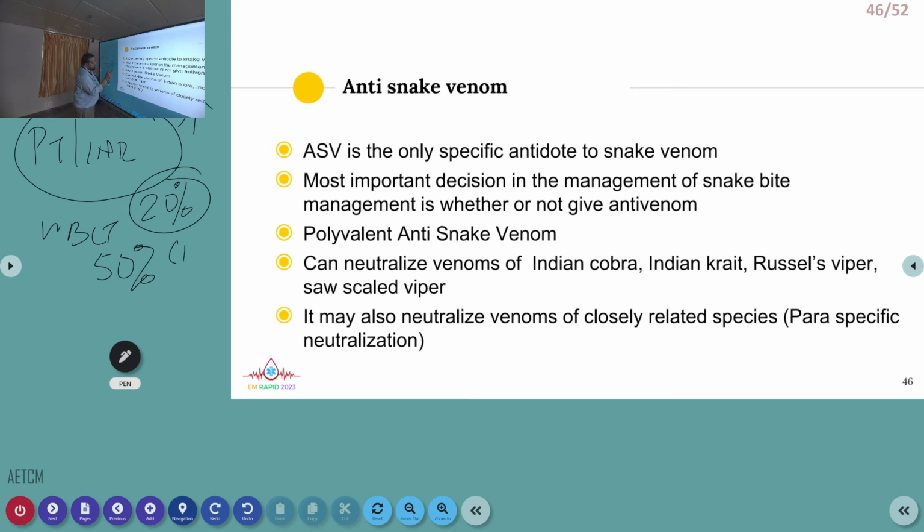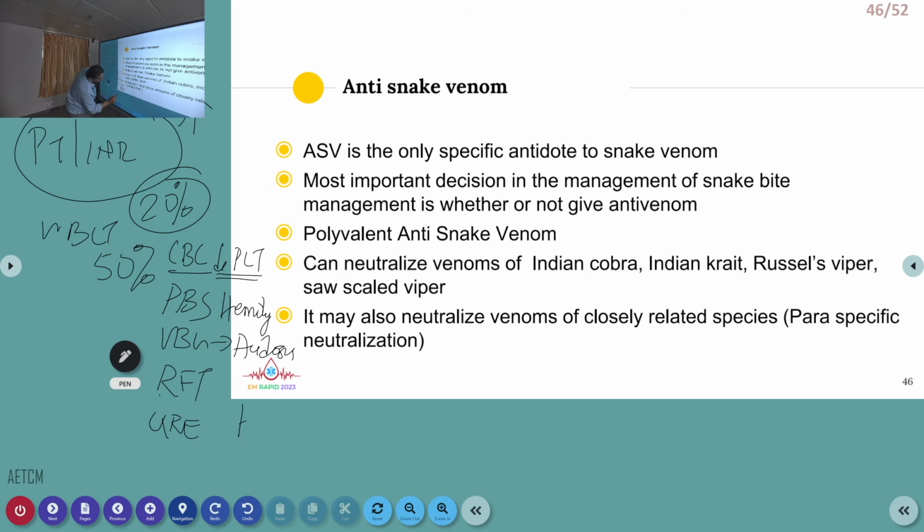Then another investigation you need is a complete blood count. Again, you have to look for a decrease in the platelet count. So that is CBC, and you can also look at a peripheral blood smear for any evidence of hemolysis. Maybe a venous blood gas, to look for any evidence of acidosis, and renal failure: RFT, electrolytes, and urine routine.